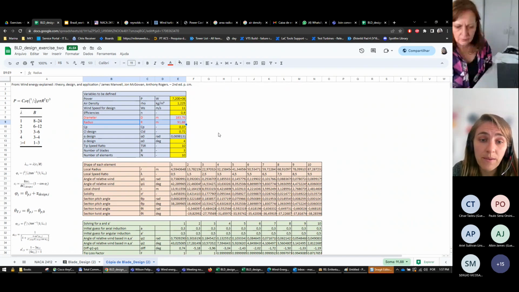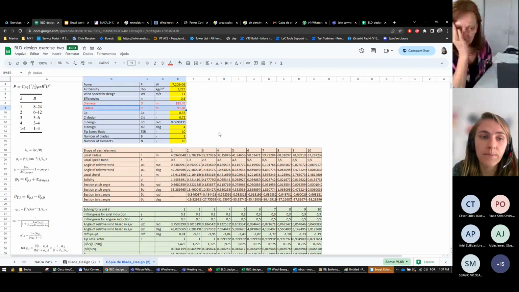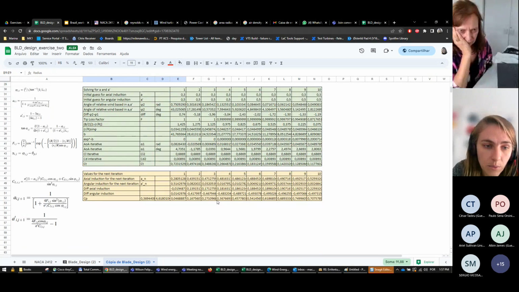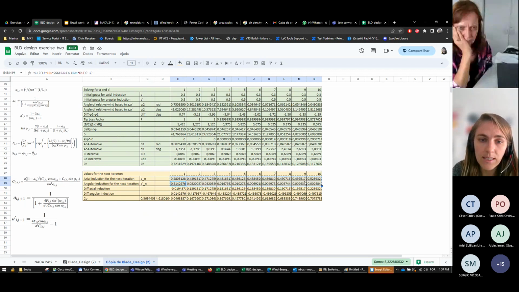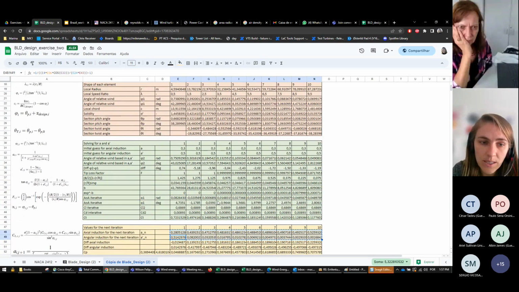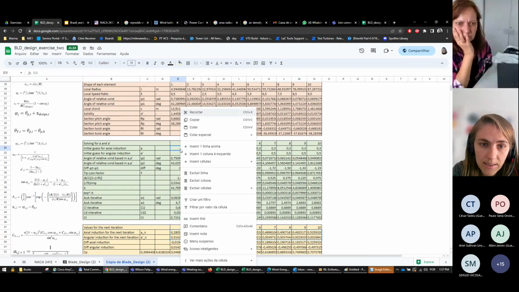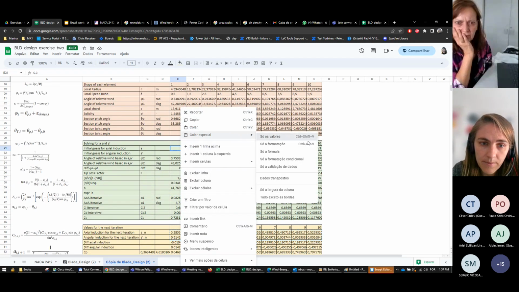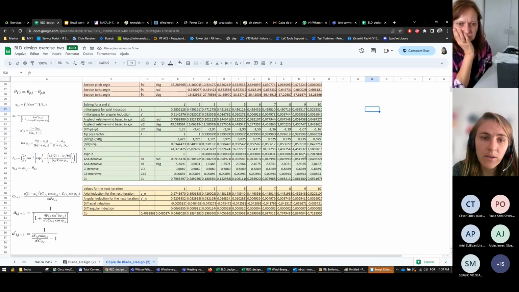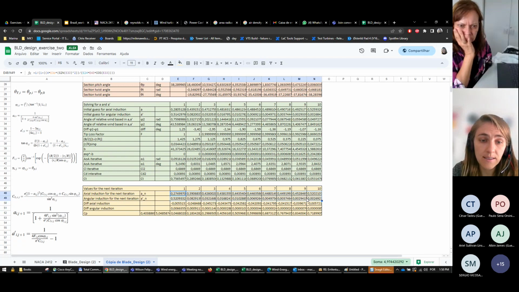Then, if we don't change, for example, our design angle of attack or our design lift coefficient, and we just take these values that we just discovered for the actual induction and introduce them here, we get the values for the next iteration.